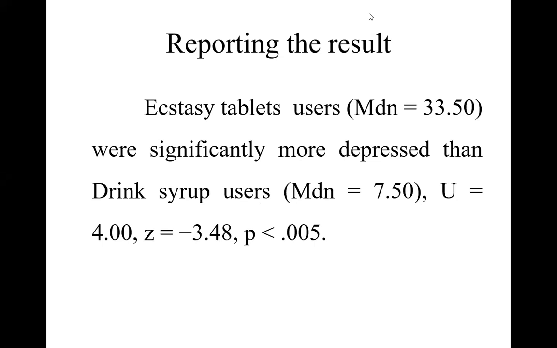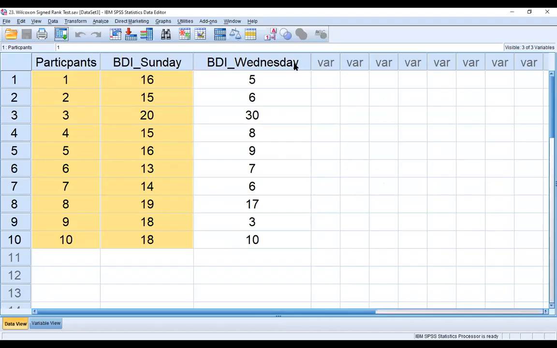Now I am taking another case study of the Wilcoxon rank sign test. Here you can see the Wilcoxon rank sign test. The same participants we are measuring two times.